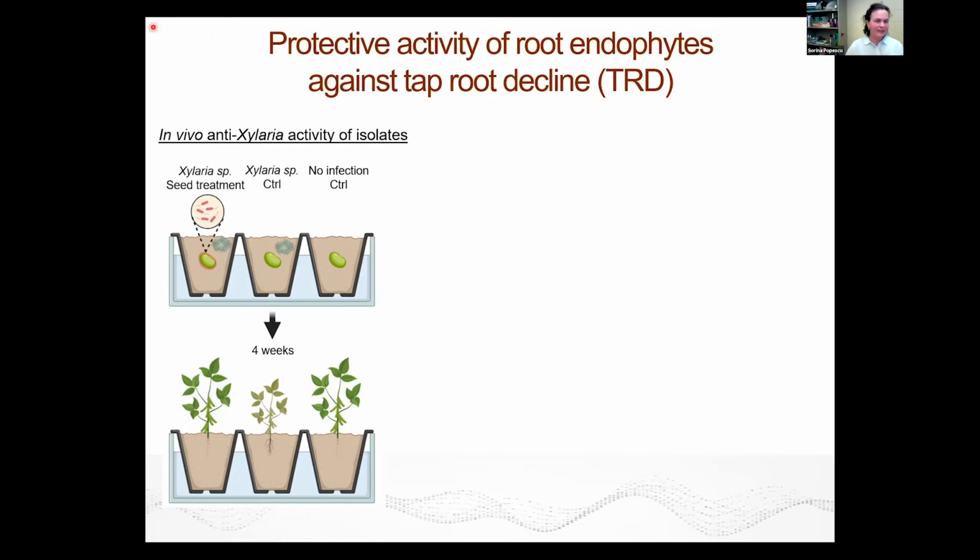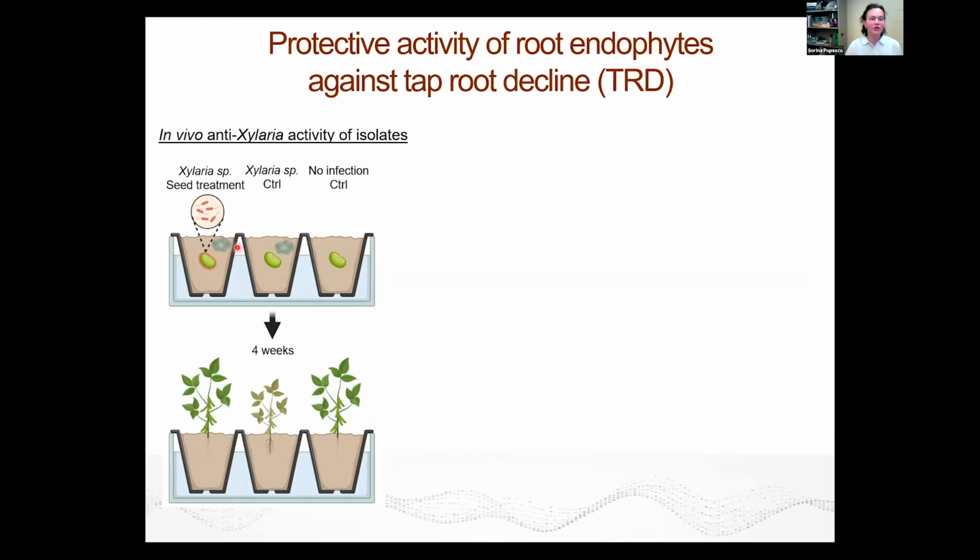So this diagram shows you the experiment that we put together and optimized. We take soybean seeds and we do seed treatment with each of these beneficial strains that we identified in vitro. And then we plant them and let them grow to about cotyledon stage.